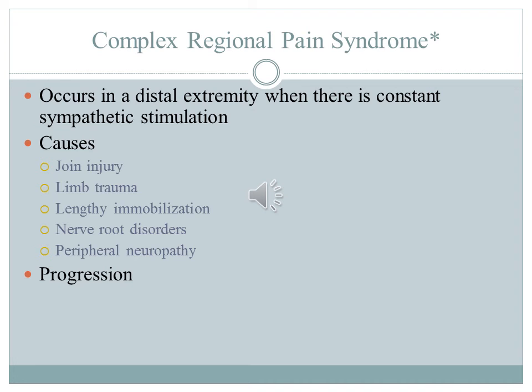Various nerve root disorders and conditions that have peripheral neuropathy can cause this. And essentially what happens is, from this injury, the small fiber pain receptors that transmit pain to the nervous system basically get overstimulated.